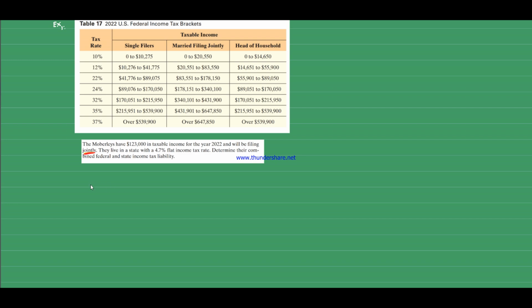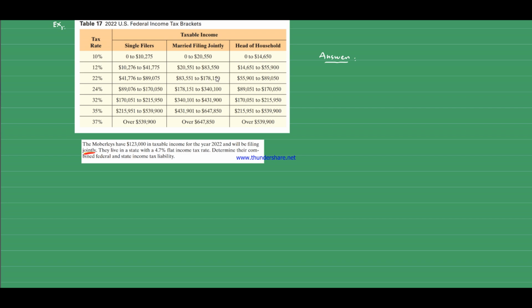How much you have to pay in tax. It's a combination of the federal and the state income tax. Okay, let's see how we do this. Answer. You see that he makes a salary of $123,000. That would be this bracket right here, 22%.